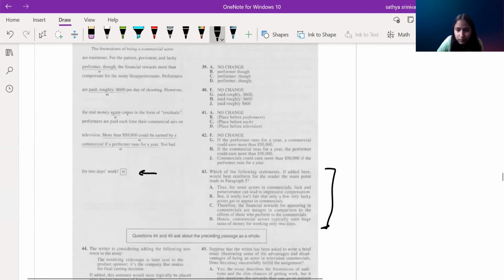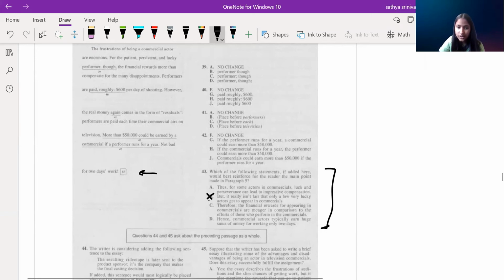So the one that goes with that is definitely not B, right? Because it's not the focus of this paragraph. The point of adding a sentence here is not to introduce a new idea, but to reinforce an idea that's already in the paragraph. So B would not be the right answer here because it's introducing a new idea, that it isn't fair for a few lucky actors to appear in the commercial.